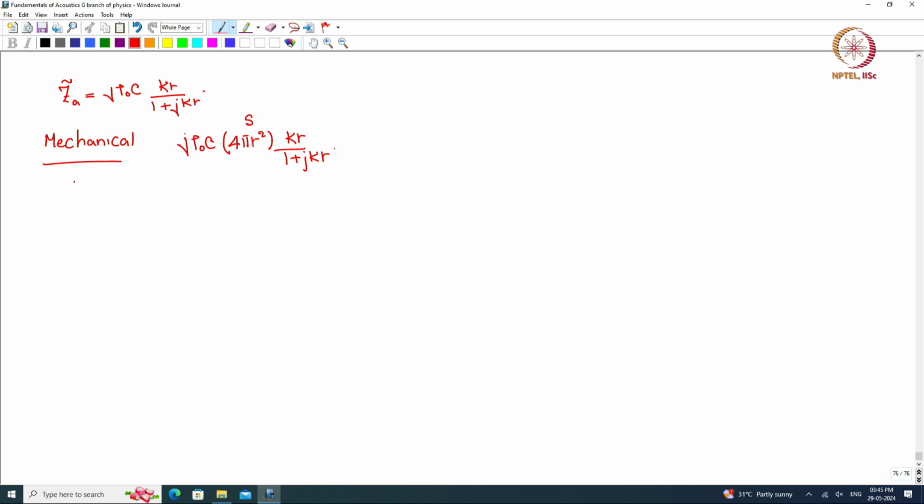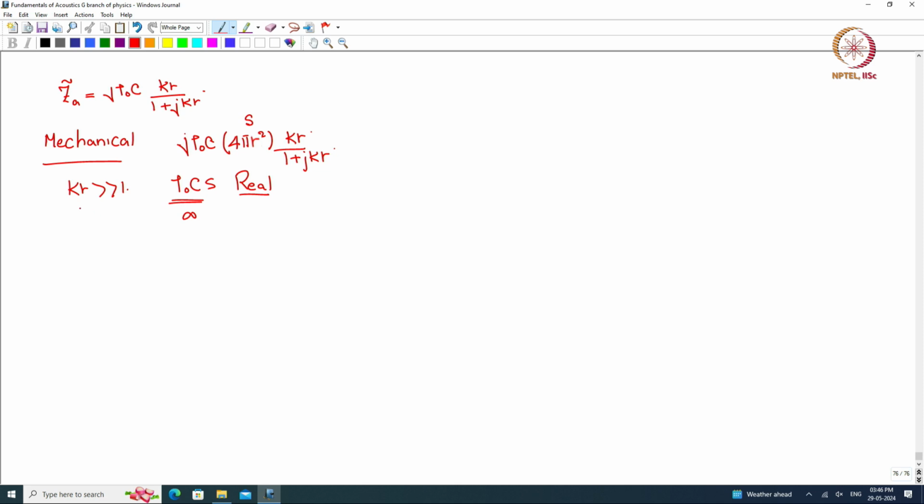Okay, so if kr is much greater than 1, then I have jkr on top and kr at the bottom. This approaches rho 0 c S, a real number. We have seen these expressions in strings and rods. Whenever there is a real impedance, it radiates, or power is transmitted. In the case of infinite strings or infinite rods, we saw the mechanical impedance was rho 0 c S, so power is transmitted.